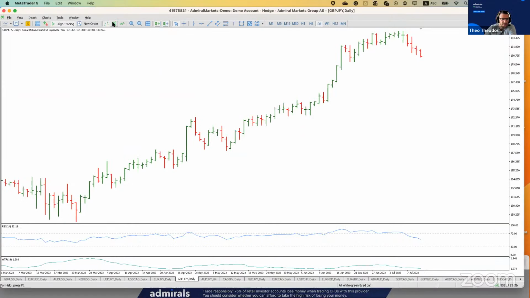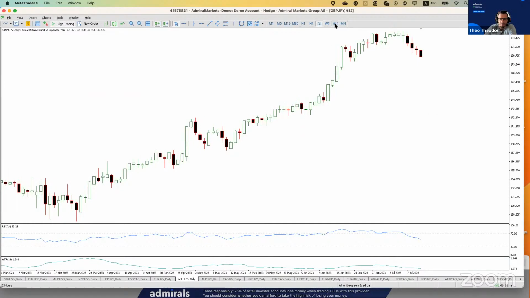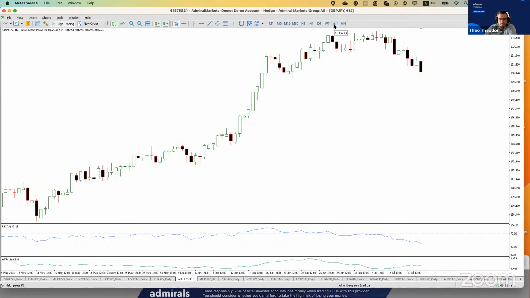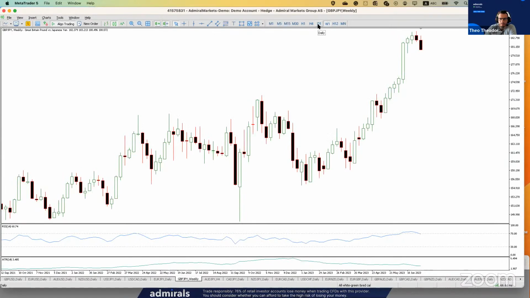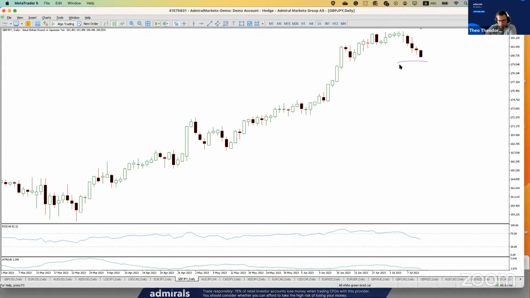Pound JPY. Same scenario with the Euro JPY. On the weekly chart, we are selling off. There is this bullish impulse candle, and usually the 50% of this candle can act as a support zone on a bounce, on a pullback.